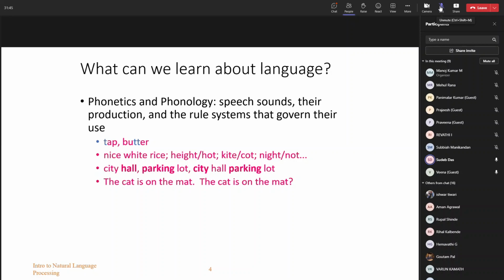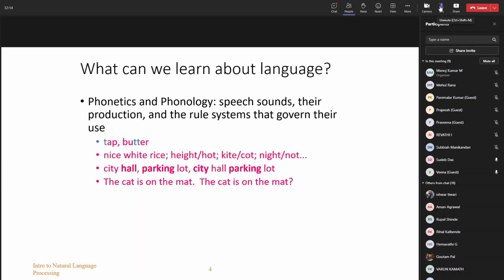This phonology, how is it different from phonetics? Phonetics is how we are pronouncing. When we speak, the pitch, loudness, and all will come as part of phonetics, and phonology is the pattern of sound. Pattern of words, like we are telling "nice white rice."